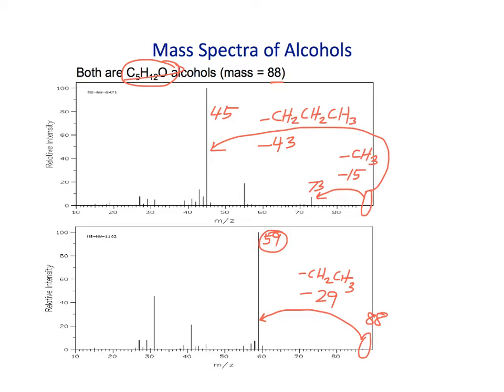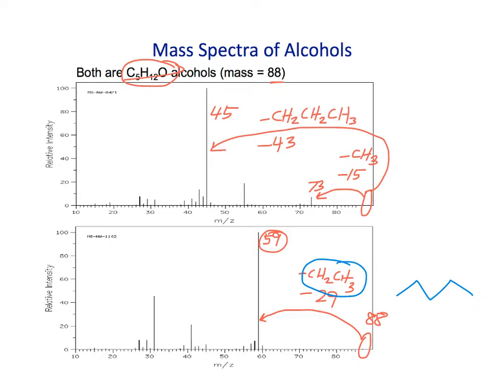So what this is indicating is that in the bottom one, we're really only losing ethyl groups. So out of a C5 molecule, we just draw out C5, where is the alcohol going to go? We're going to cleave next to the position of the alcohol, and we only have ethyl groups that are next to the alcohol.